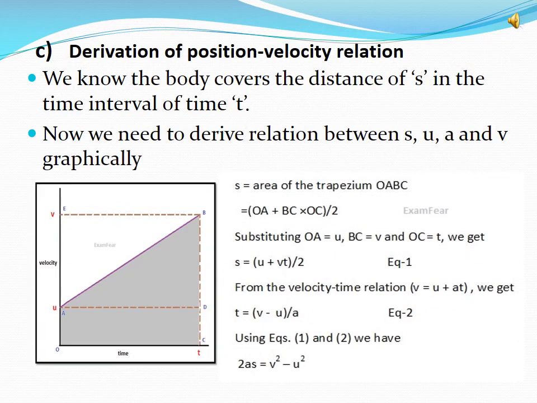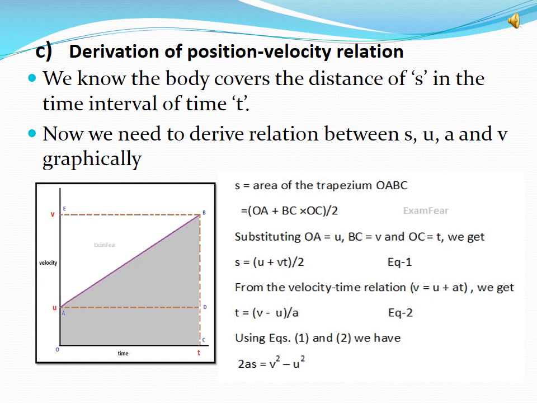In this session, let me see how to derive the third equation, which describes the position-velocity relation graphically. Once again, we have considered the same body moving under uniform acceleration a along a straight line.